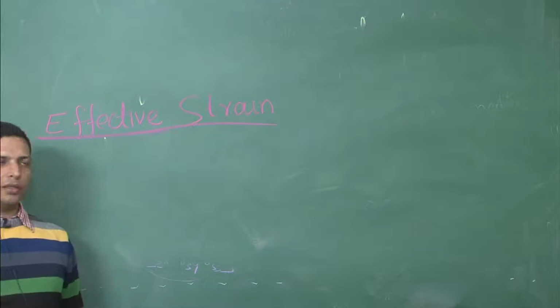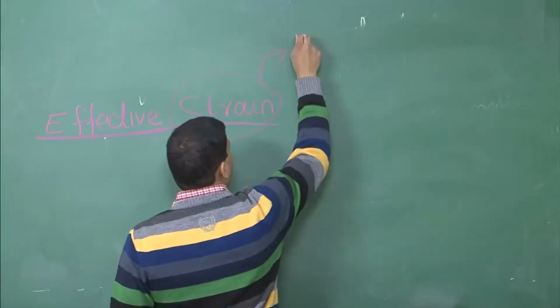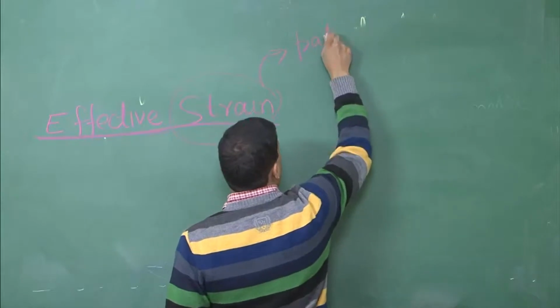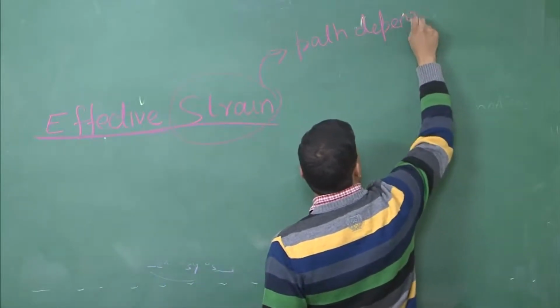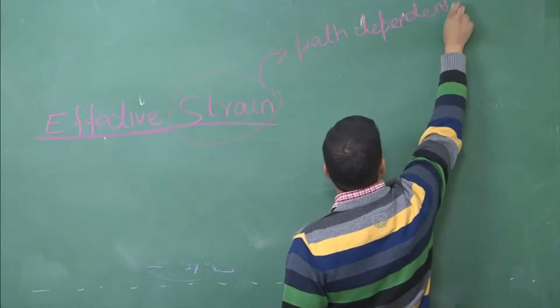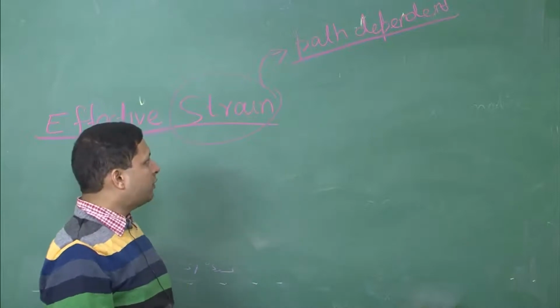Why? Because strain is path dependent. Remember, you cannot simply add or subtract strains. Let me give you a very simple and straightforward example.